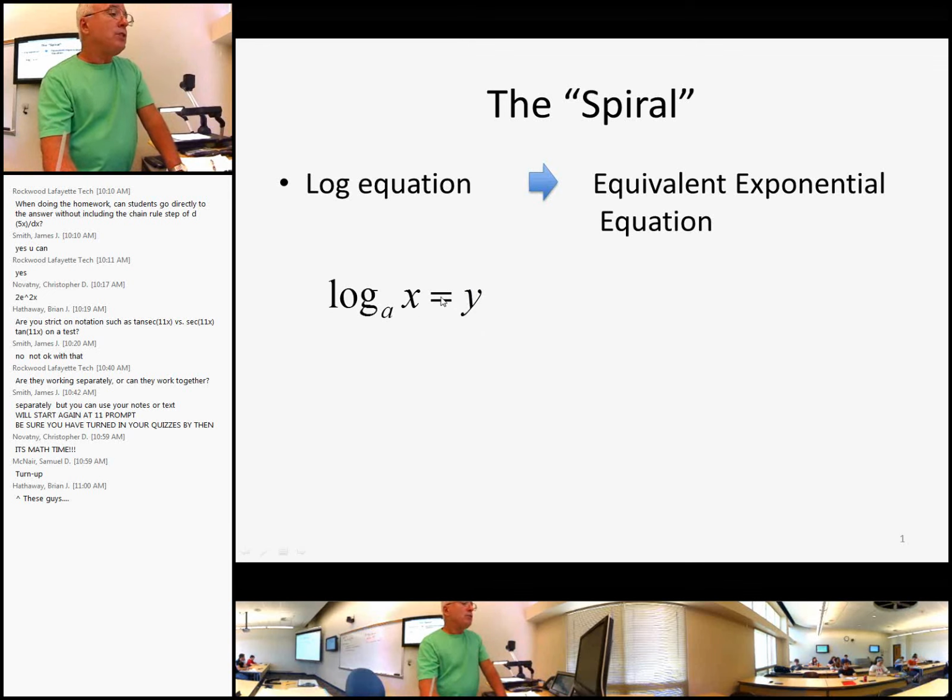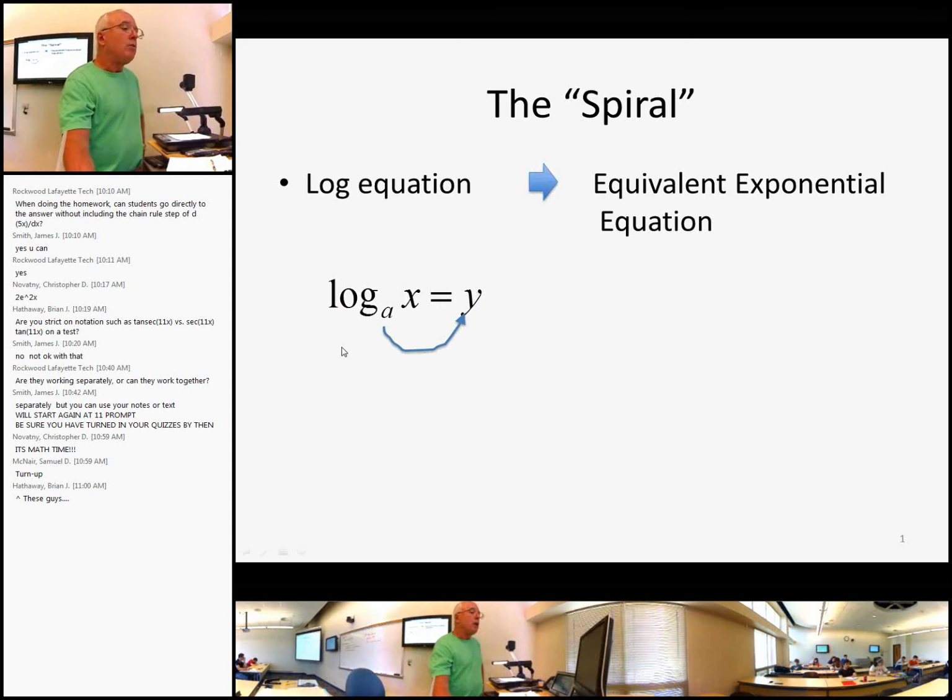In other words, this y is the exponent or power that the base a needs to be raised to in order to equal the x. You basically draw on your paper a little spiral.